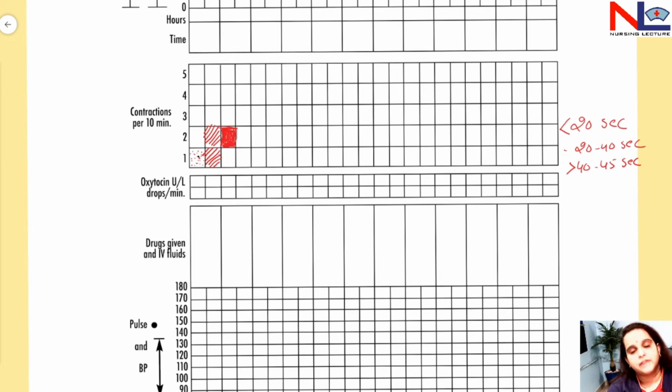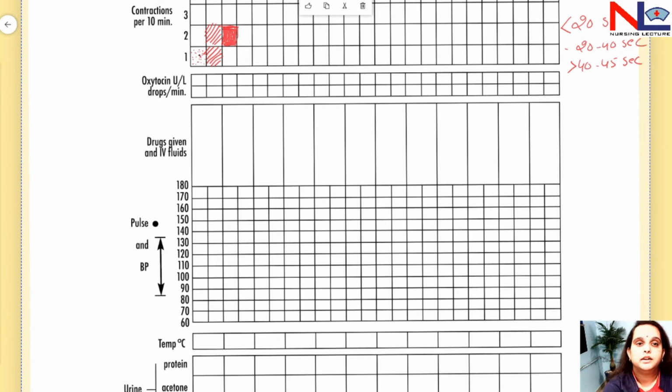So, in the late stage the contraction becomes more severe and it comes at a shorter interval. Initially it comes in a 15 to 30 minute duration, and later on it comes within 3 to 5 minutes. Okay. So, this is how you need to palpate as well as write down the mild, moderate and severe types of contraction.